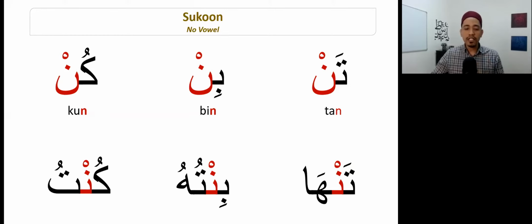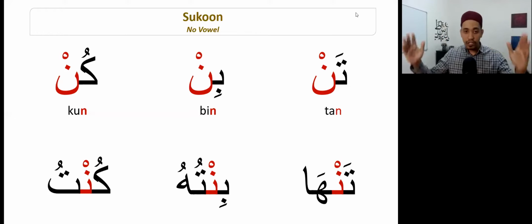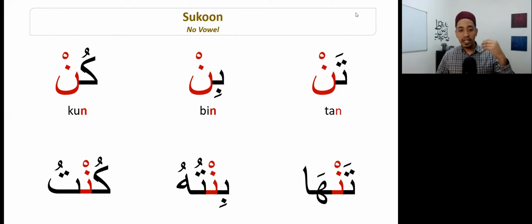The first thing I want to say about the letter noon is that the noon when it has a sukoon is such a big chapter in tajweed, like huge. I'd say probably a quarter of the tajweed rules that you will learn will be the noon when it has a sukoon.